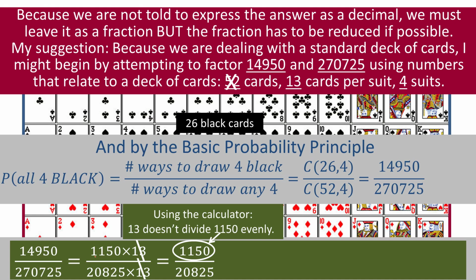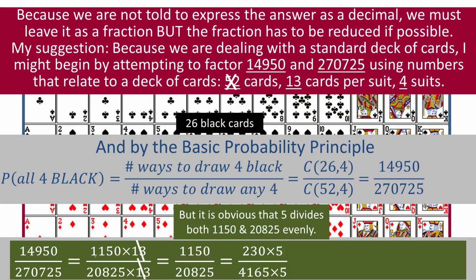I just sort of noticed that as I was looking at my first reduction. So I took advantage of that. I divided 5 into 1,150 and got 230, and I divided 5 into 20,825 and got 4,165. Now remember, I'm doing these divisions on my calculator. Not hard to do. But what I've done now is I've reduced it again because the 5s divide out.